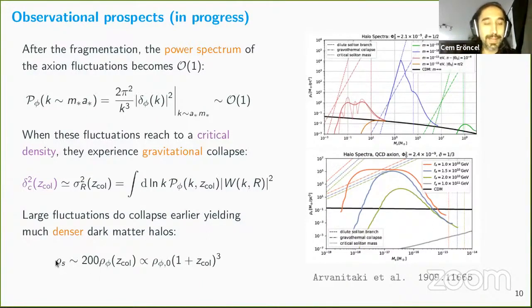The density of these halos is proportional to the dark matter density at the time of collapse. Therefore, if the collapse happens earlier, they lead to much denser dark matter halos compared to CDM or standard misalignment. And that's one way of probing the fragmentation.